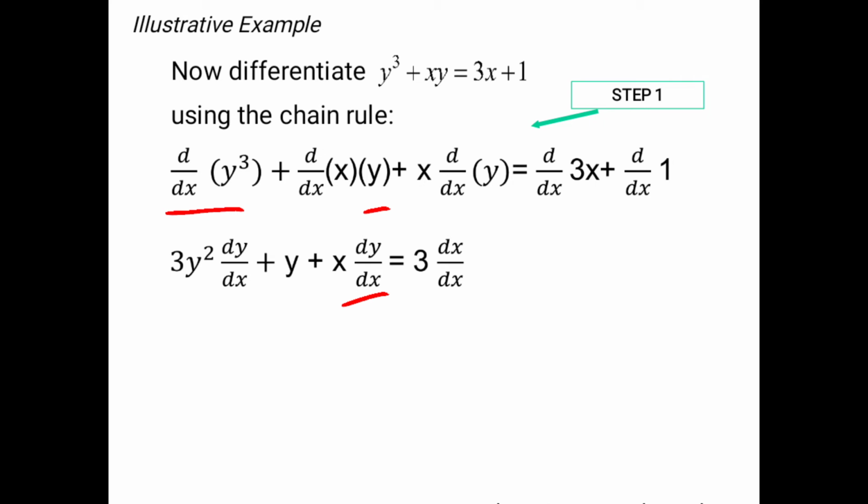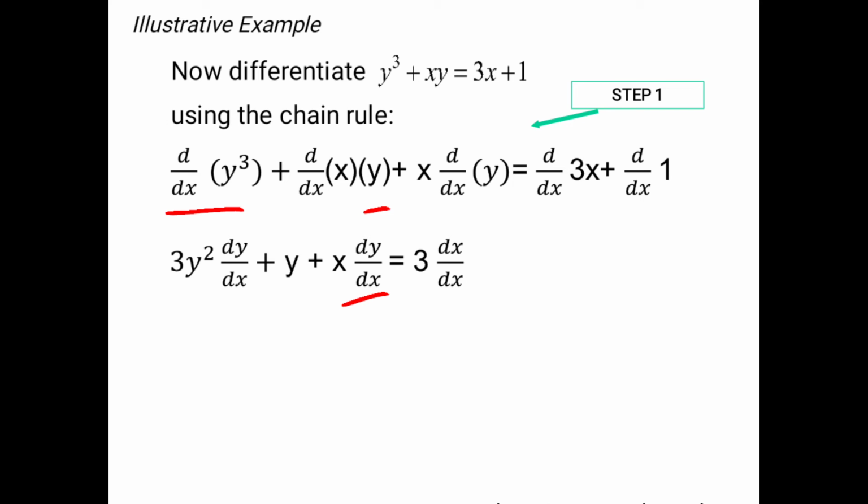And then equals the derivative of 3x plus 1. Since 1 is a constant, we're not going to put anything here because the derivative of a constant is 0. And then we get the derivative of 3x, which is 3.